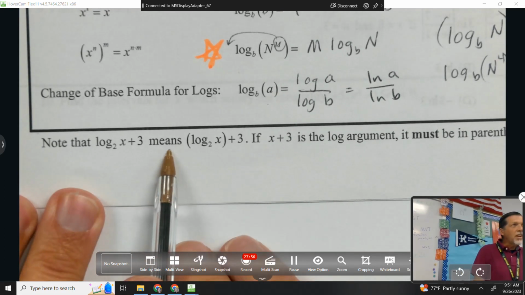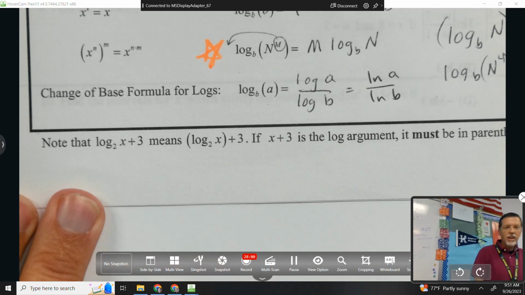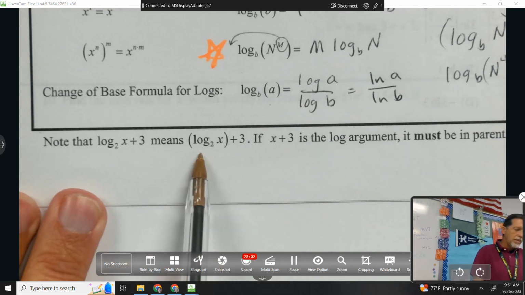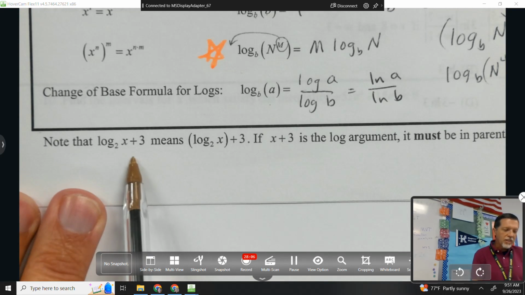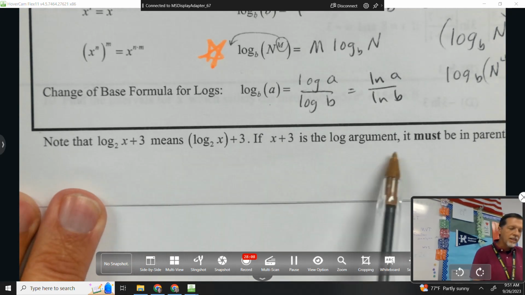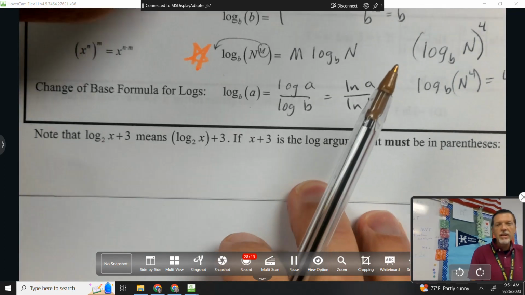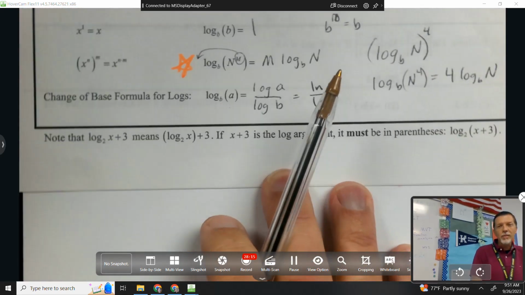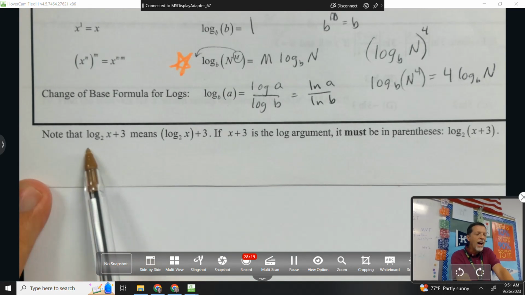A little side note here. Log base 2 of x plus 3 means log base 2 of x, plus 3. Like if there's not a parentheses around the argument, then that 3 is not part of the argument. If you want to include it in the argument, you got to have it in parentheses. Now, this is not really good notation.